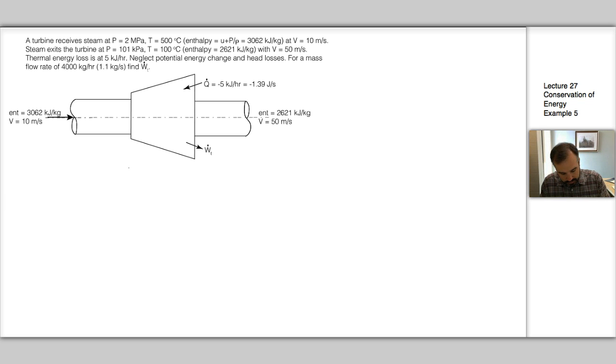Okay, so the first thing we do is label our two endpoints that we're going to use our conservation of energy between. So point 1 here on the left and point 2 on the right. And then we'll write out our conservation of energy in its full form.